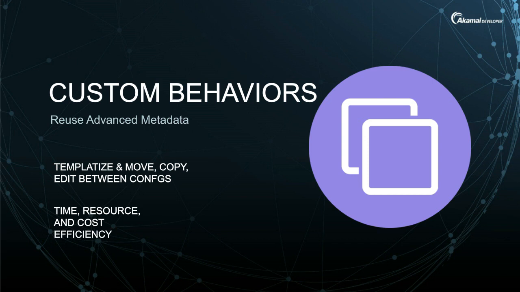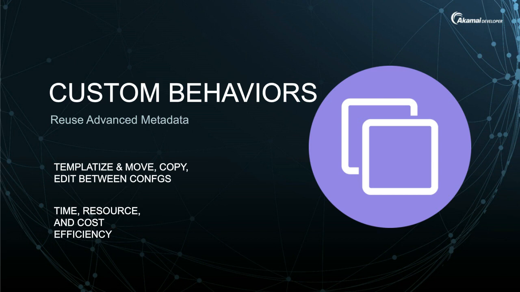Now, the challenge was every time you spun up a new config, you had to recreate this whole thing. You had to go back to professional services, have them make those same changes on another config, and then work with that. With custom behaviors, we let you templatize a lot of these configs. So now once you have one template, you can start reusing this template across your different configs.